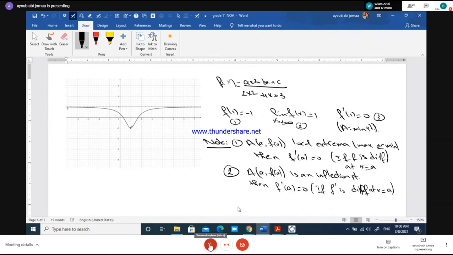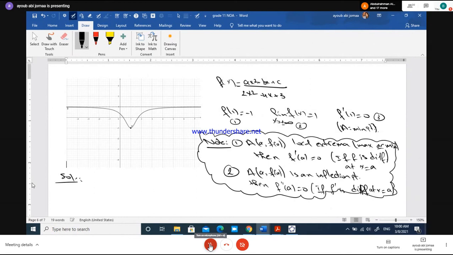Okay, for the solution: limit as x approaches infinity. I'm going to start from the limit because it's the easiest thing. I'll come back to you later.